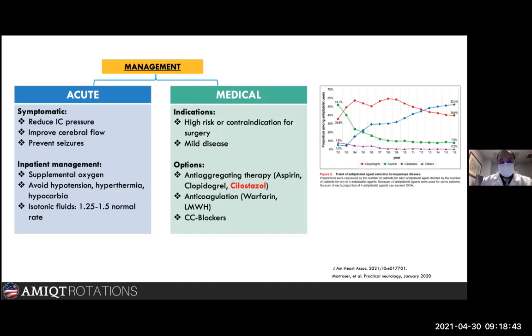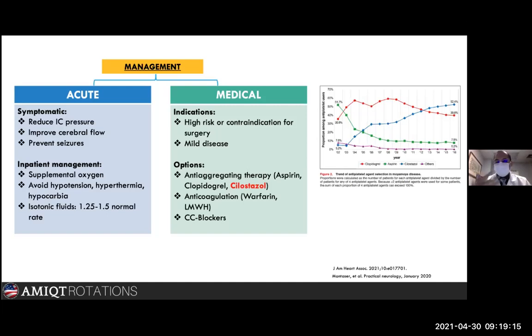For that, you should give adequate supplemental oxygen, avoid hypotension, avoid hyperthermia, avoid hypocarbia, have adequate pain control, and you should give maintenance isotonic fluids at 1.25 to 1.5 times the normal rates that are given.